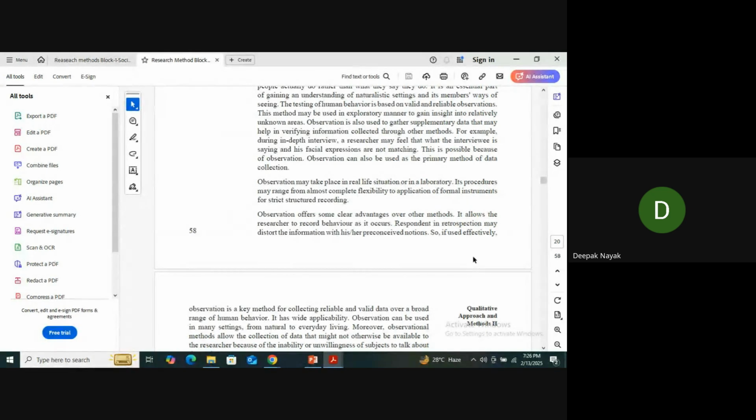Observation is completely flexible, just looking at communities as laboratories, and understanding things in more flexible ways.